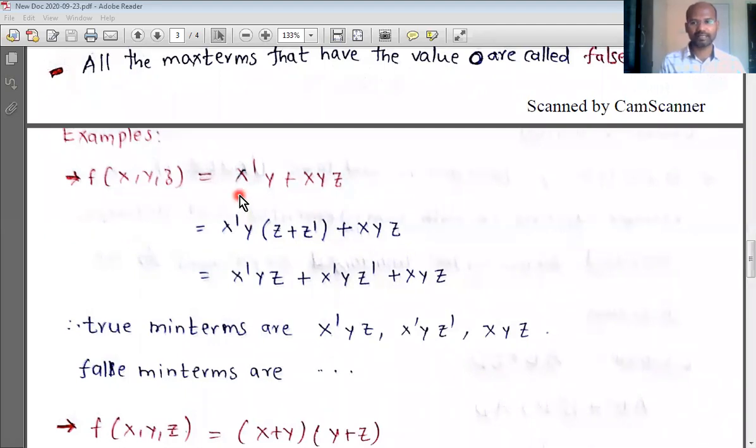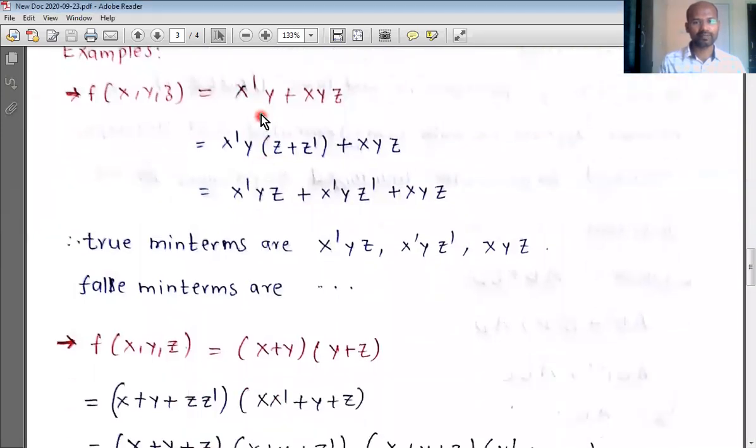If there is a term which is not a minterm, we can convert that non-minterm into a minterm by doing this procedure. We will see it again later. For now, you consider this. So x bar y, what is missing here? z is missing.